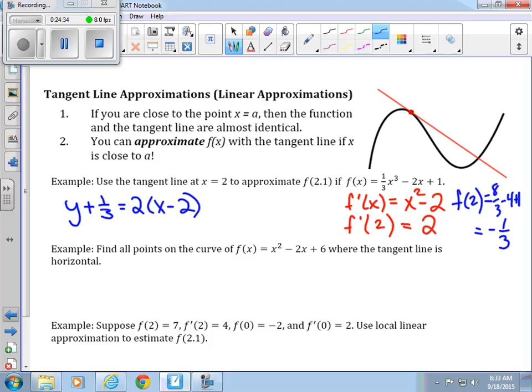Now, why is that useful? Well, 2.1 minus 2, can I do that by hand? 0.1, right? Let's do it. y plus 1/3. So that's 0.1. 0.1 times 2 is 0.2. And then 0.2 minus 1/3.